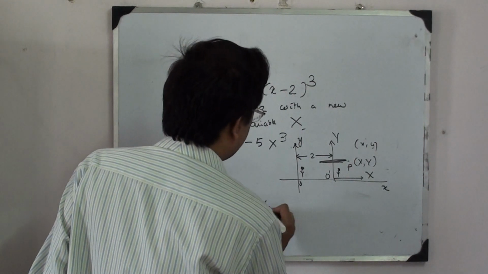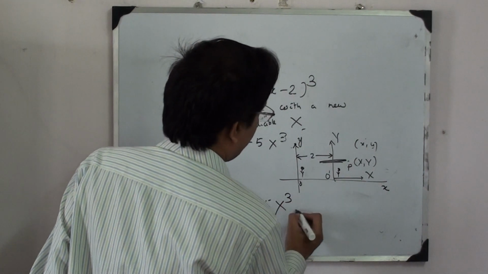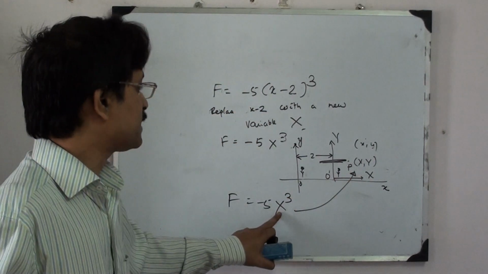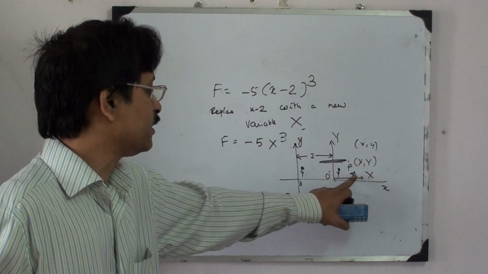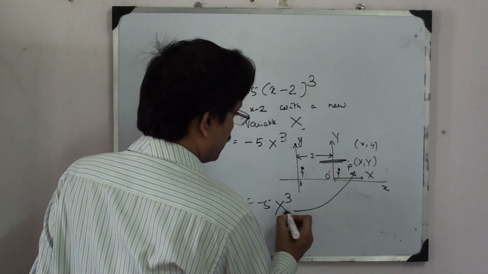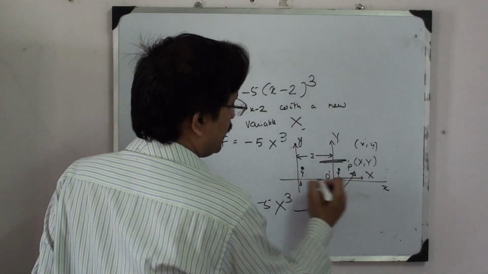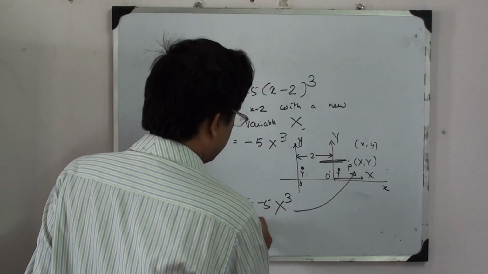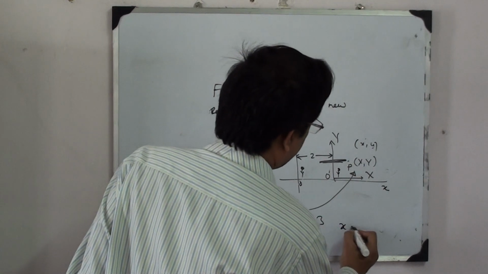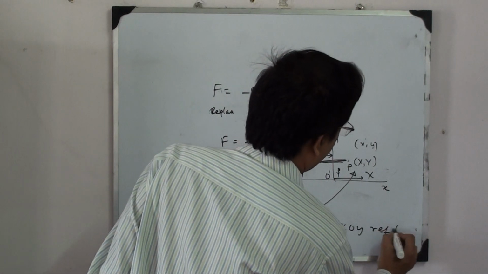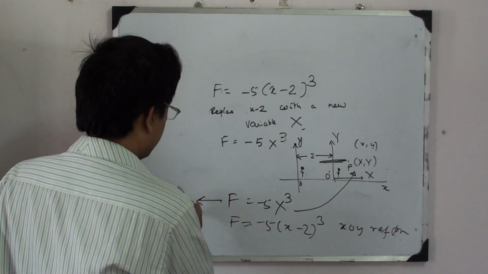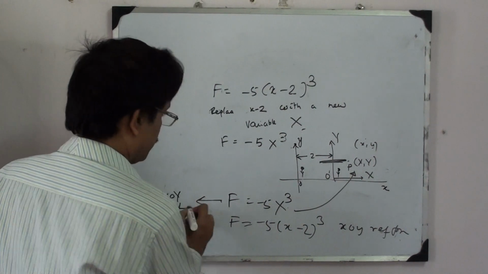F is equal to minus 5 X cube in this reference frame, where X is its variable, and the simple harmonic motion is being executed here. The same equation described in the reference frame x, O, y is F is equal to minus 5 into x minus 2 whole cube. This is the x, O, y reference frame and this is the X, O dash, y reference frame.